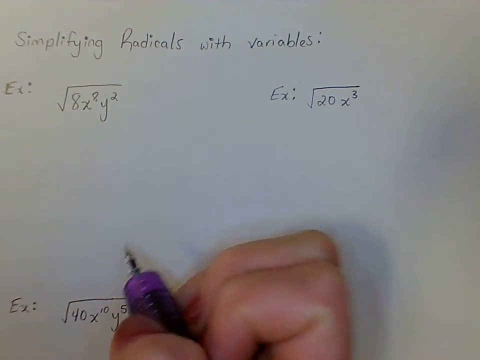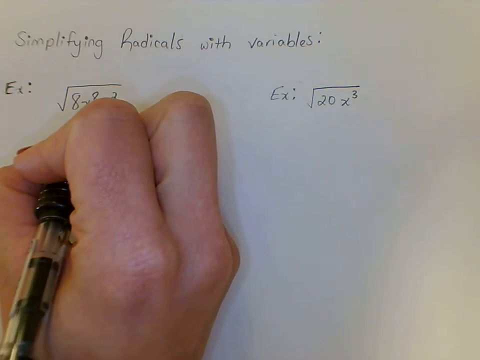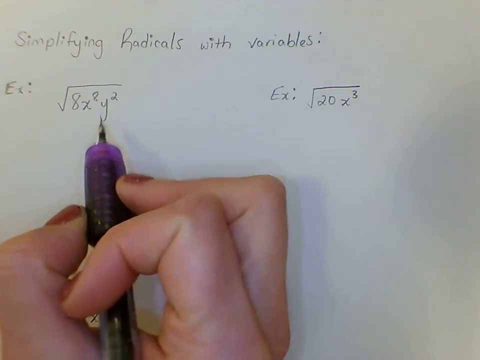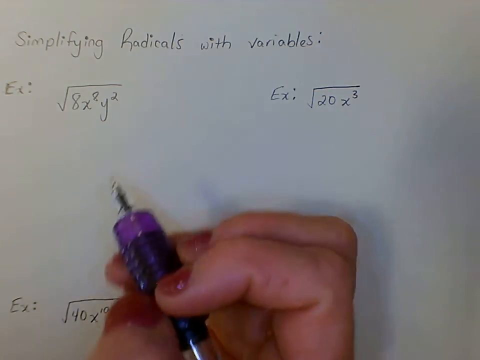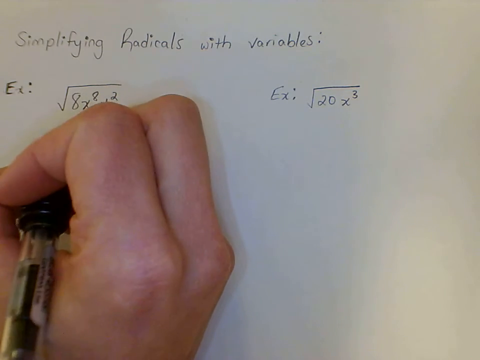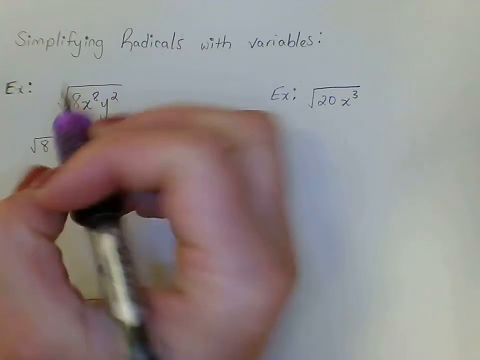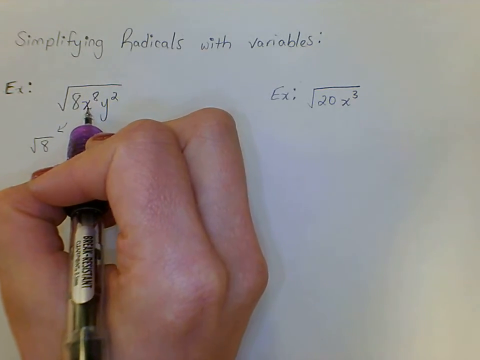So when that happens, what you want to do first is break this into pieces. However many things there are underneath the radical is how many pieces you're going to break it up into. So notice you have an 8, so you're going to just rewrite it as the square root of 8. Then you have an x to the 8th, and both of those go together because that exponent goes with the x.